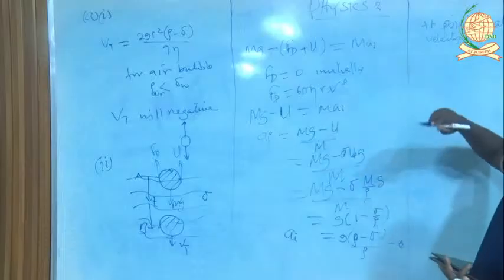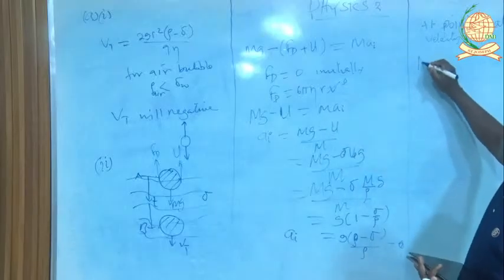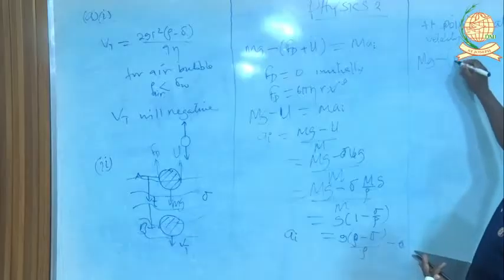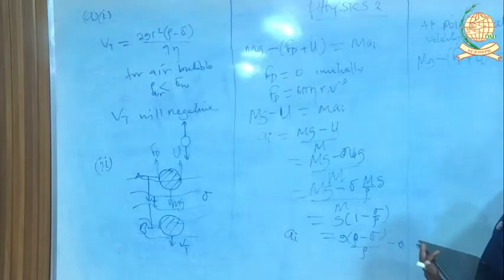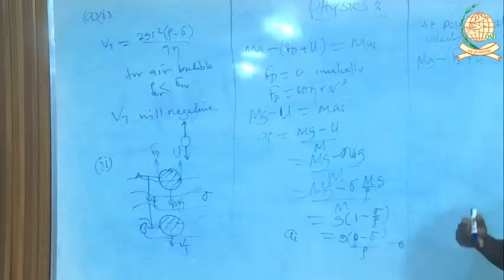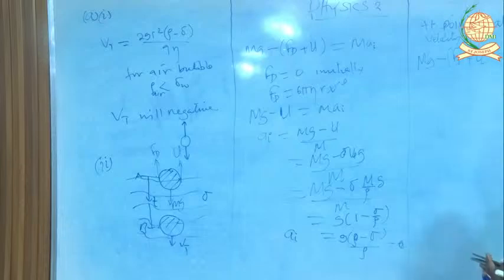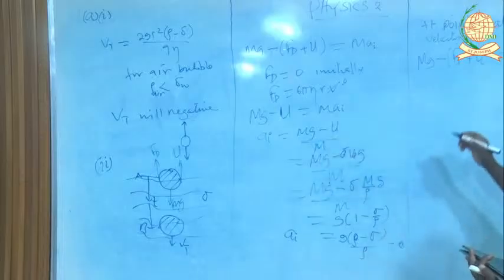So you can write the same equation, mg minus (fd plus u) equals ma. But this time a is a final acceleration. It's different from the initial.